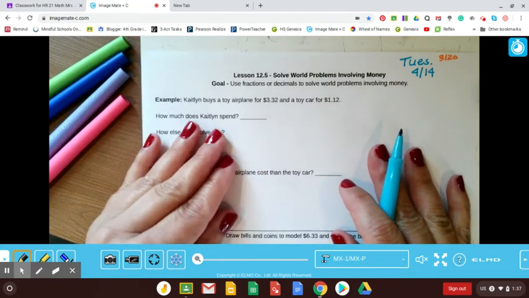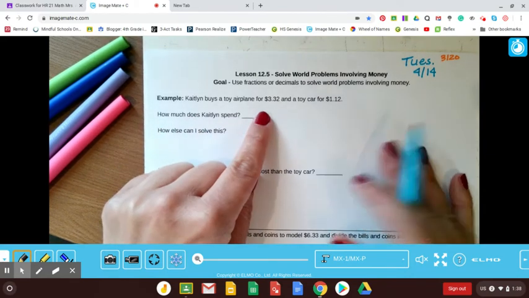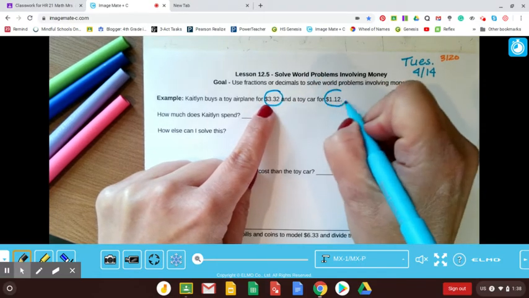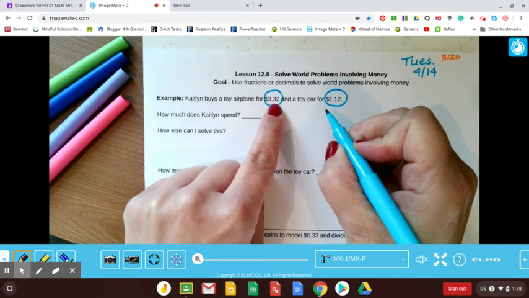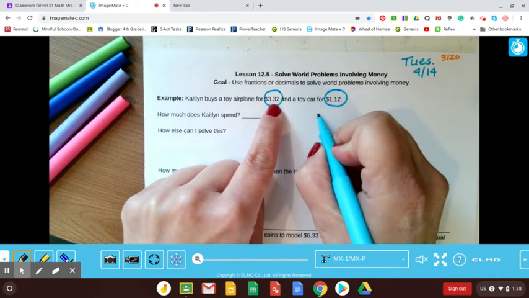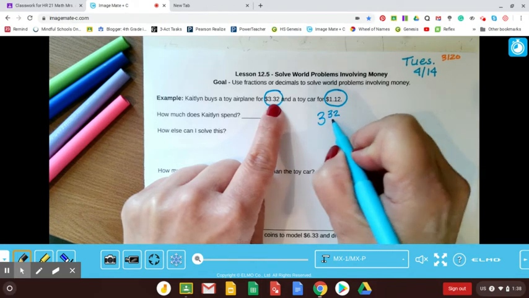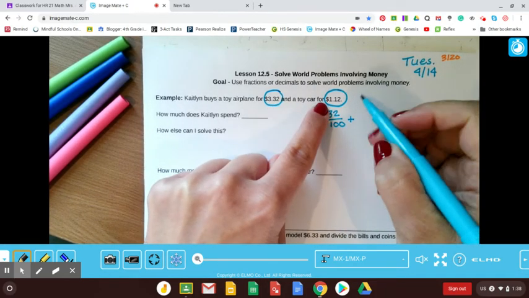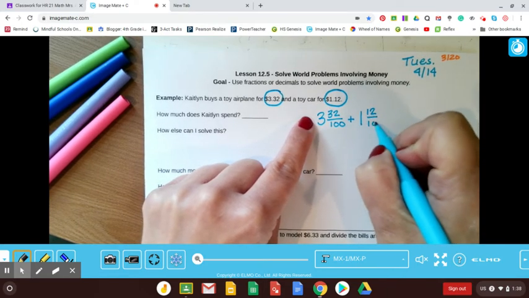So the first way we can solve this problem is actually by writing it as a fraction. So let's try that. I'm going to just circle my two amounts here so they stand out for us. So we can say $3.32, and we can write that as a fraction as 3 and 32 hundredths plus, now we're going to write this one as a fraction, 1 and 12 hundredths.